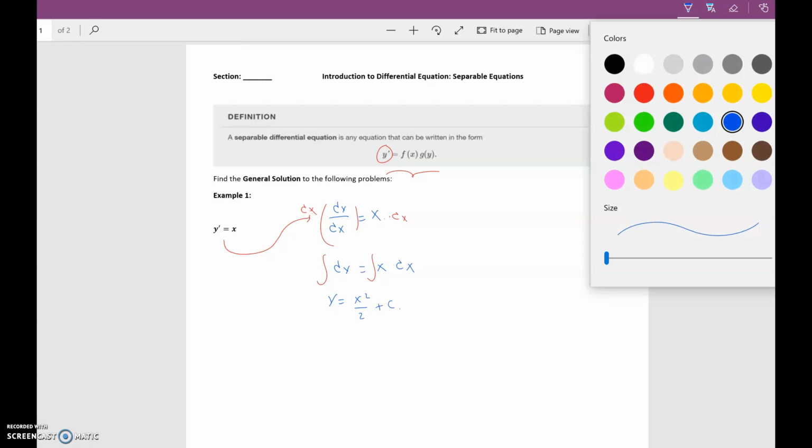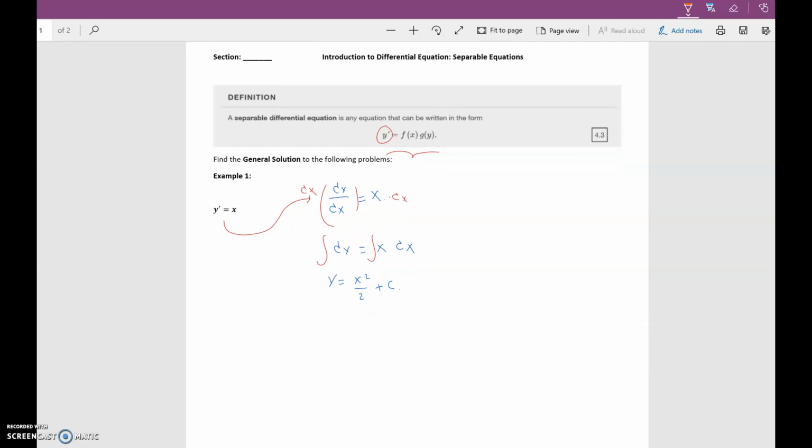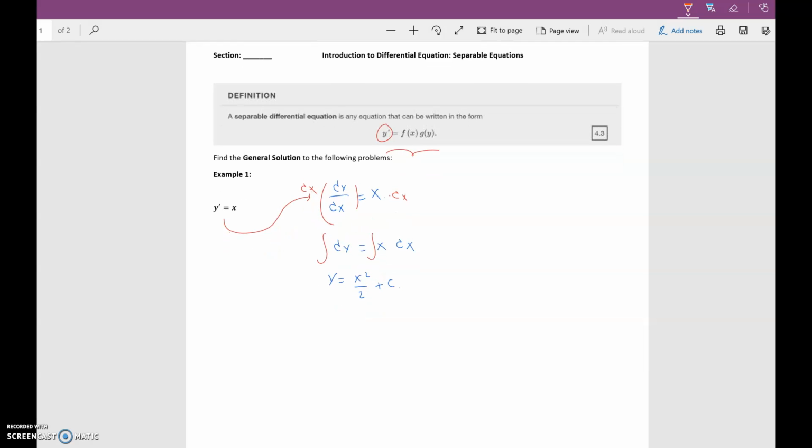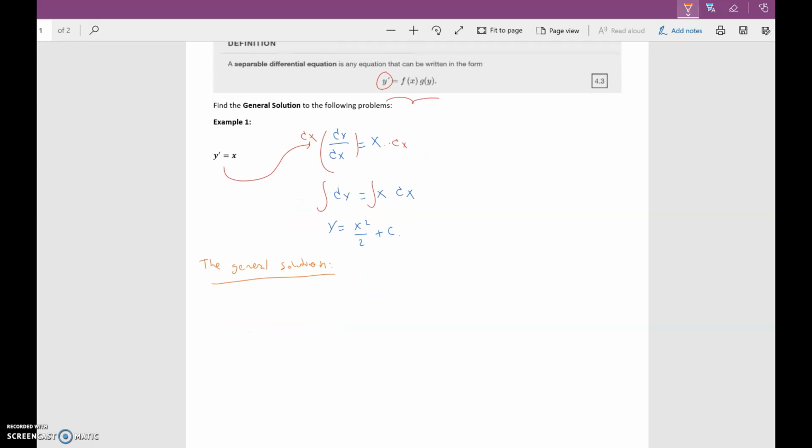This is what we call the general solution, which is what we did in the past, except that in the past you probably just had the right hand side. So in this case, the general solution is simply y equals x squared over 2 plus c.